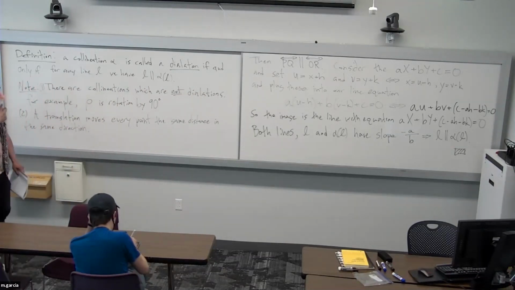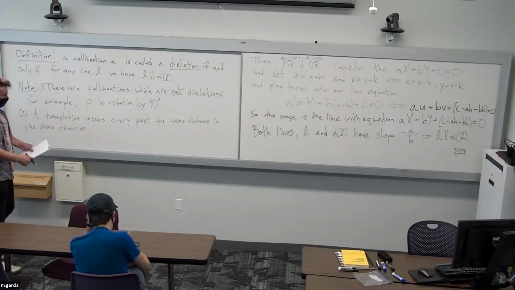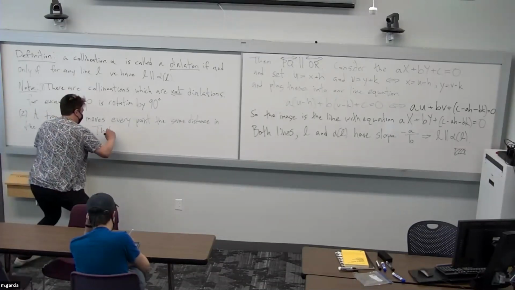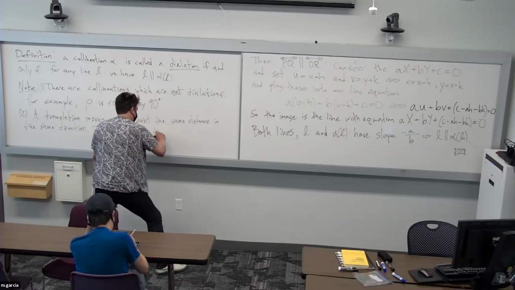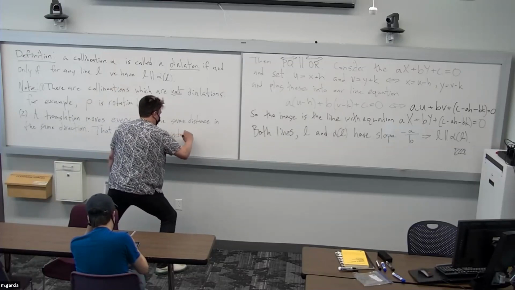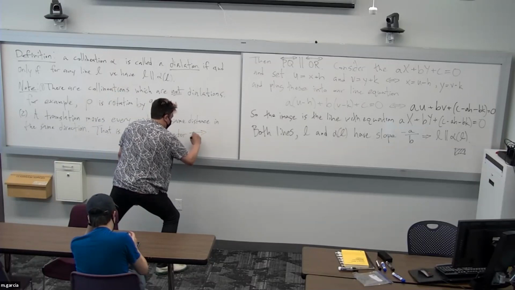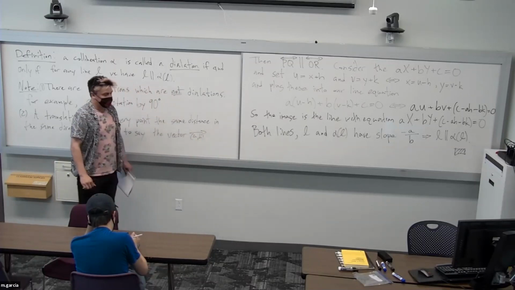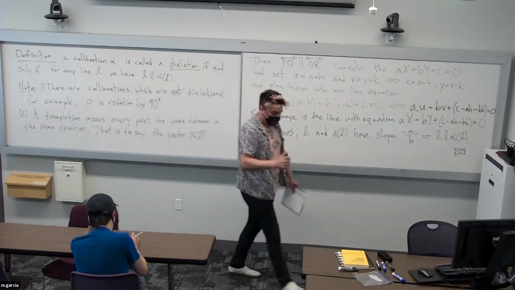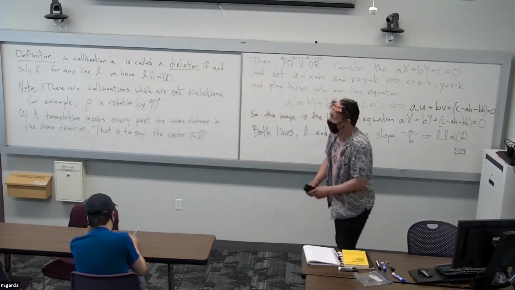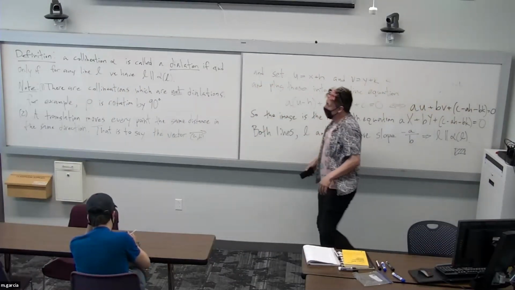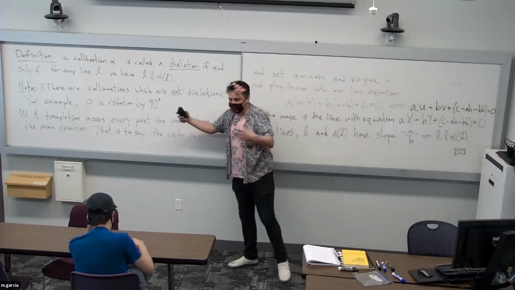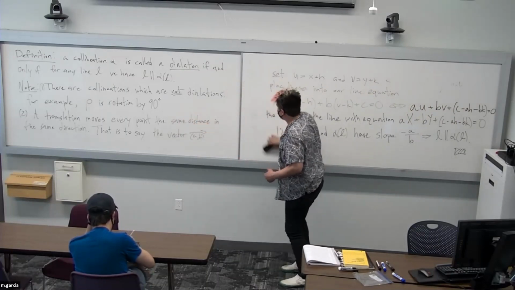That is to say, the vector a comma b completely determines the translation. Okay? So, yeah, we basically said this. I just wanted to emphasize that this is just a different set of terminology.